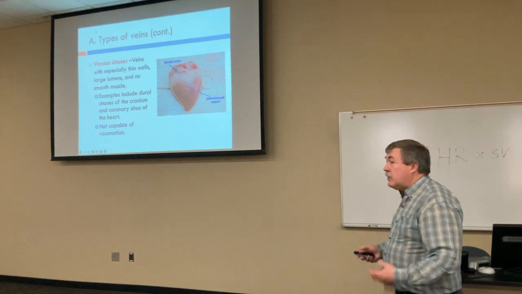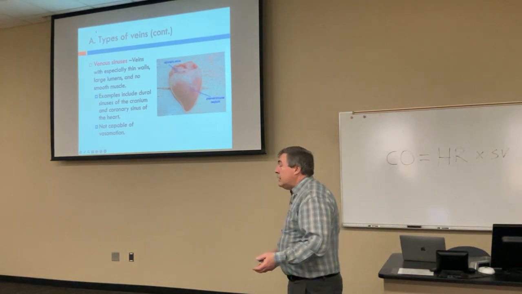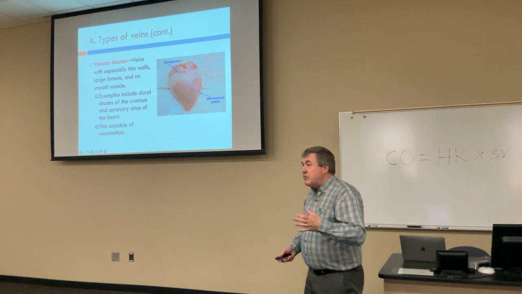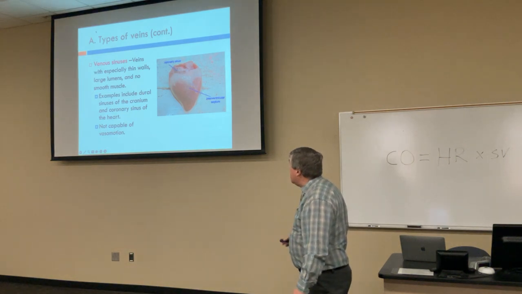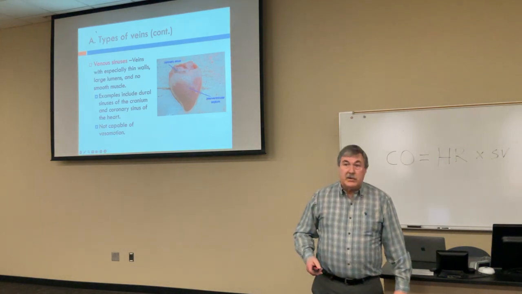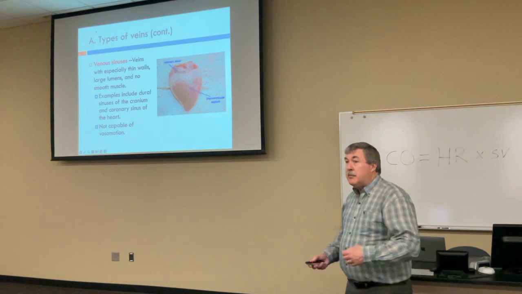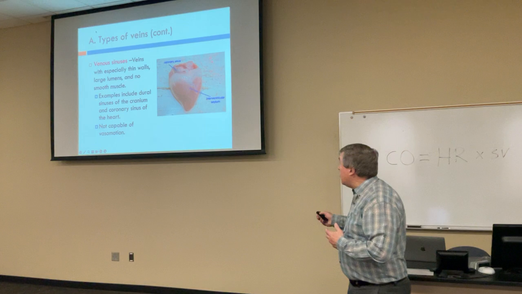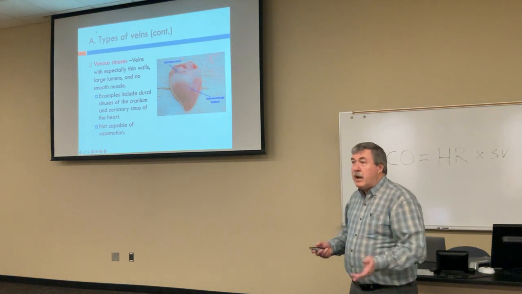And then finally, the largest of the veins are called venous sinuses. These are just very large, broad, blood-filled spaces. A good example of a venous sinus is the coronary sinus, which is on the posterior side of the heart. That receives blood from the great cardiac and middle cardiac veins, and then returns that blood to the right atrium of the heart.